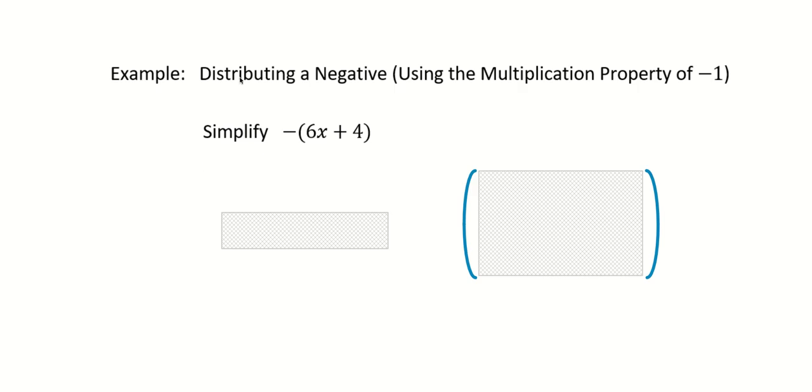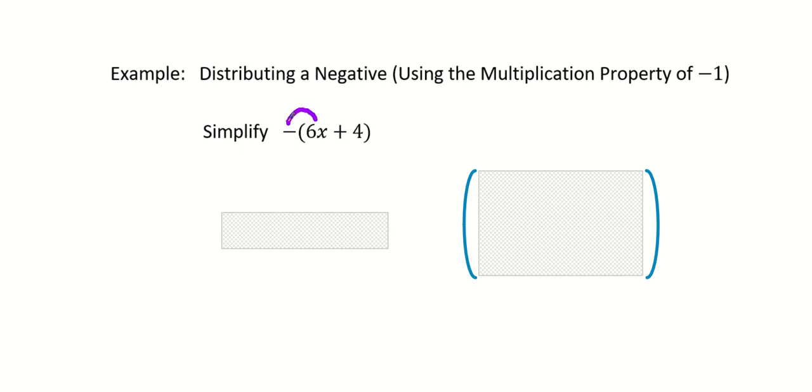Distributing a negative. Okay, yeah, look. If we have a negative out in front of a bubble, like this is a sum, or it could have been a difference, we're going to distribute that negative, basically treating it like -1. A negative outside parentheses you can pretty much treat as a -1 times, okay?